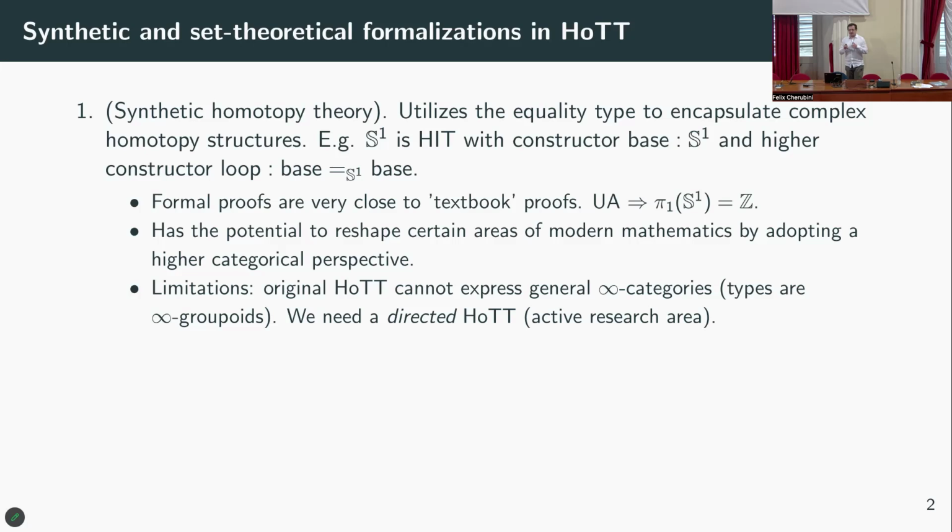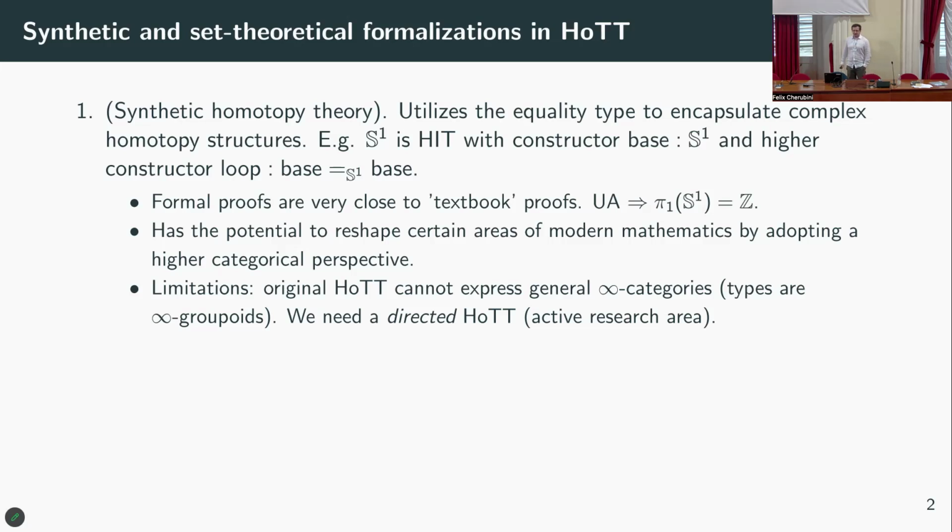There are two ways to approach mathematics using such a formal system. One is synthetic homotopy theory, which utilizes the rich homotopical structure on types provided by equalities. For example, we can define the circle as a higher inductive type with constructors base and loop, introducing an equality between base and base.